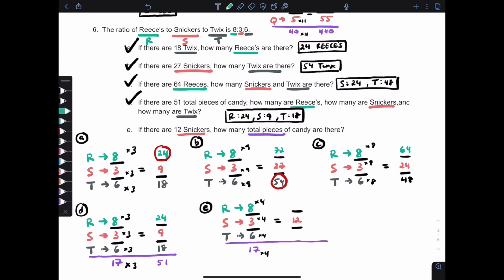But I'll just write it in. 8 times 4 is 32. 6 times 4 is 24, and you could add up these 3 numbers, or you could do 17 times 4, and I already know that's going to be 68. Just use my big brain, and yeah, that's the total pieces of candy. So we will write 68 in total. Cool, and that is the last part of 6, and all of question 6 is now complete.